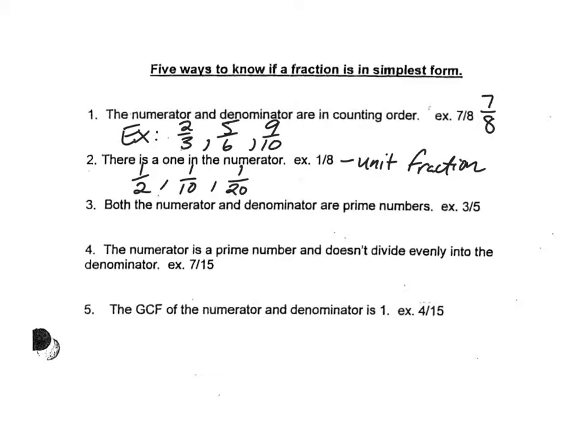Third way, both the numerator and denominator are prime numbers. So this is another reason why we need to know some primes. If you have a fraction like 5/7, you know that it is already simplified. You cannot get those numbers down any lower by dividing.